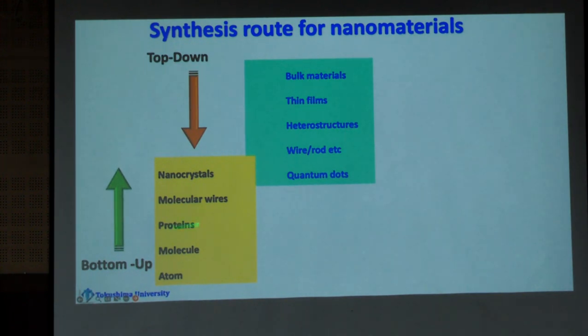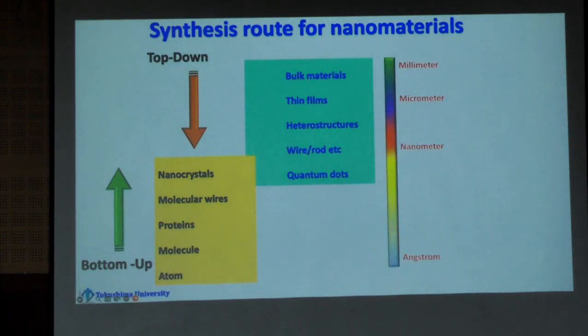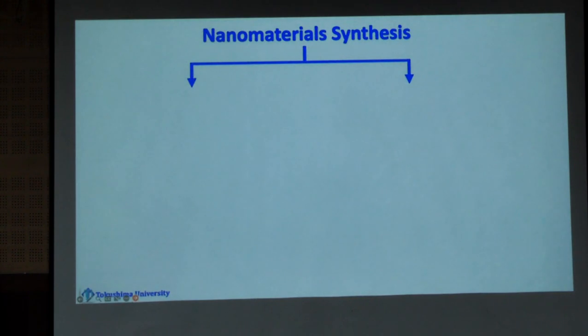In case of biology, they can also prepare proteins. This is the scale through which you can come to know that if you are interested in nano and micro, most of the top-down techniques are preferred to synthesize those structures.